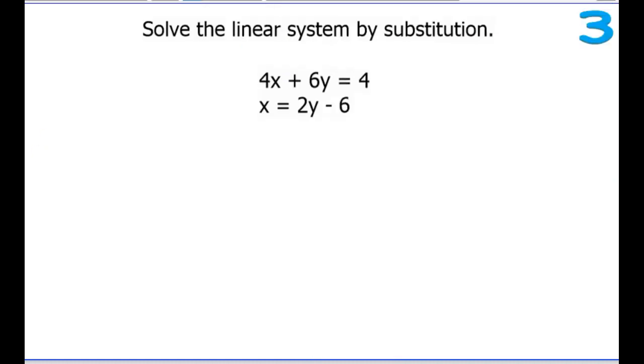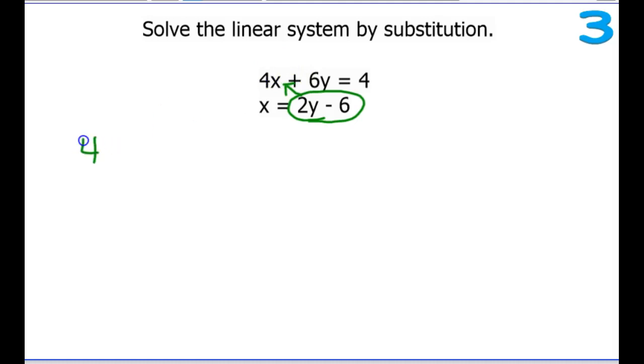Next problem. We have 4x plus 6y equals 4, and x equals 2y minus 6. So we are going to take this problem, because the x is already by itself, make it easy on yourselves and put this into our problem. Put that in for x.